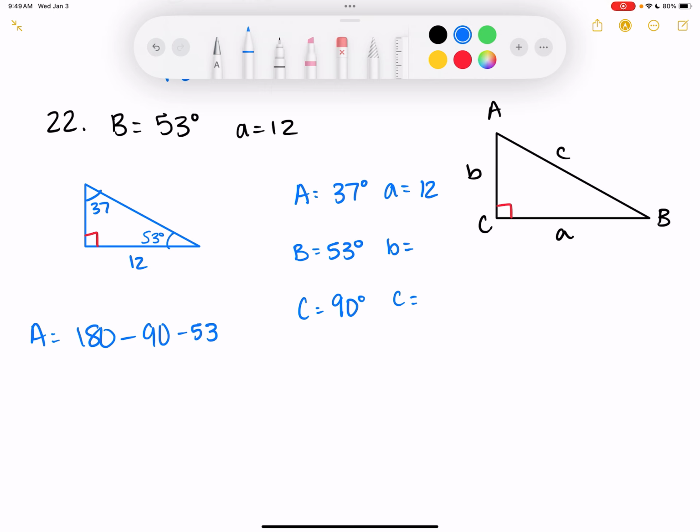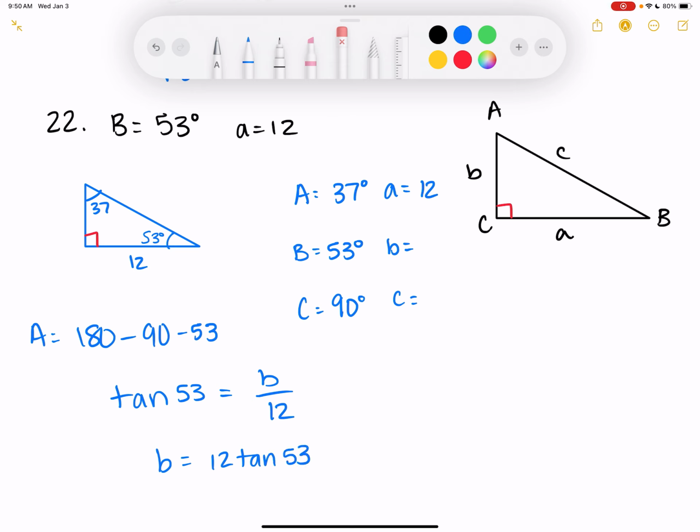Let's do tangent first because it'll be easier. I'm going to do the tangent of 53 degrees because that was something that was given to me, so I can't be too wrong with that. So tangent of 53 degrees is equal to opposite, which is side B, over adjacent, which is 12. So then I'm going to multiply by 12. So B is going to be equal to 12 times the tangent of 53.